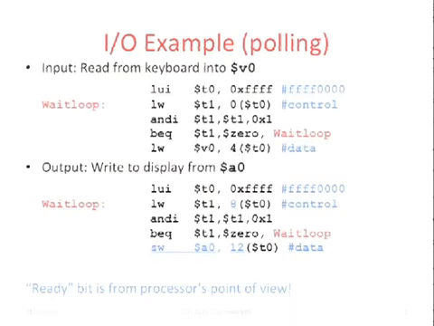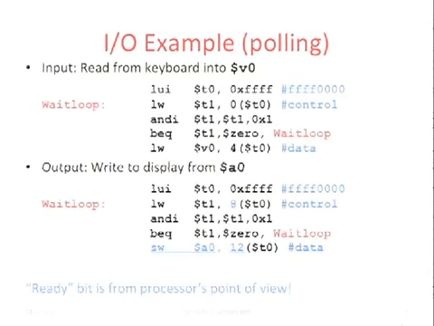If you wanted to write out to something, say the display, well, the display is a different device, okay, so you can't use the same address. So there's a different set of registers for the display. So again, we load the base of the I/O memory region, and then we look at the ready bit, which is in the control register, which is 8 bytes after our first register.